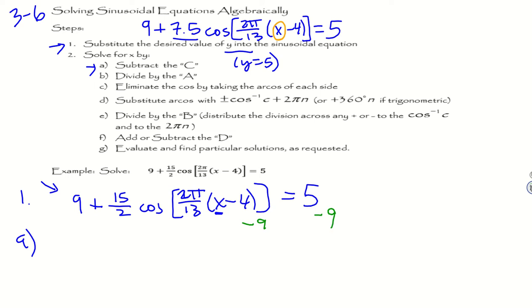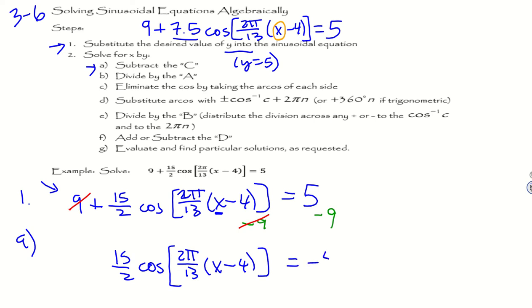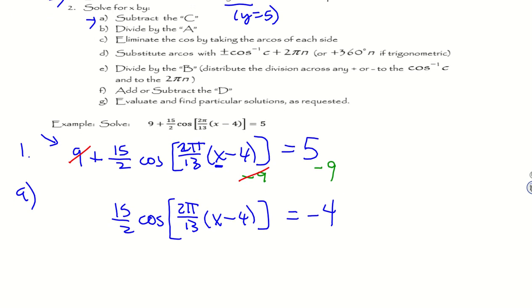Subtracting 9 takes away this 9, and that leaves us 15 halves times the cosine of 2 pi over 13 times (x - 4), which equals 5 minus 9, which is negative 4. All right, so we've done step A.